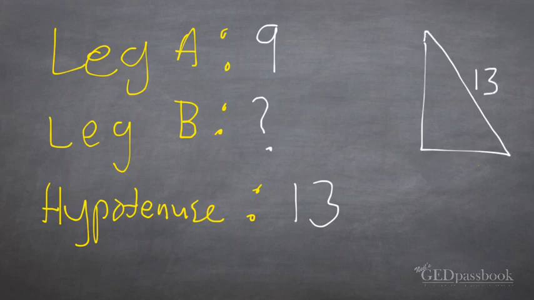Well, in this case, they gave us the hypotenuse, A, and a question mark. This is how the majority of the worksheet today is going to look. And you're going to use the Pythagorean Theorem, aka a squared plus b squared equals c squared.